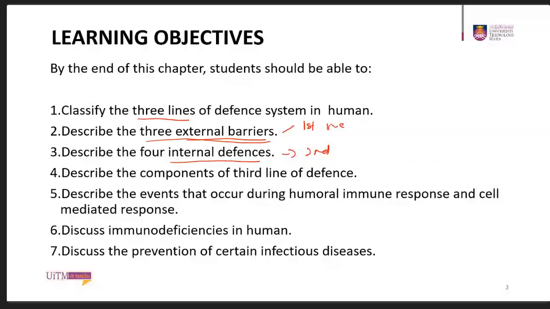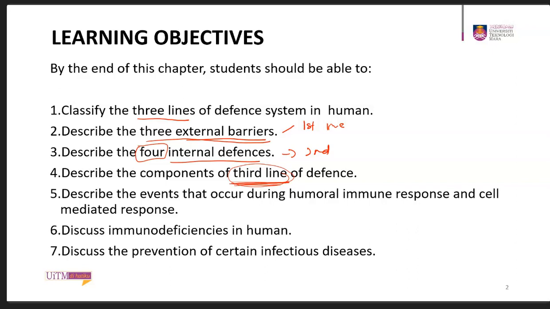But if a pathogen manages to breach the second line defense, it will encounter the third line defense that will attack the virus more specifically. The second line defense has 4 different types of internal defense.